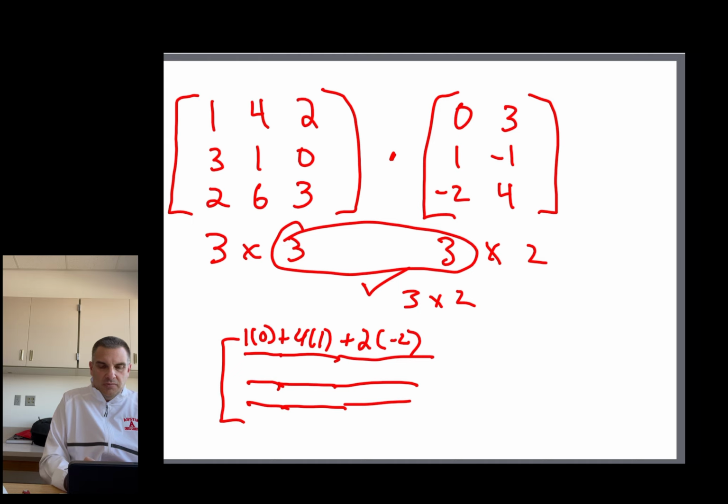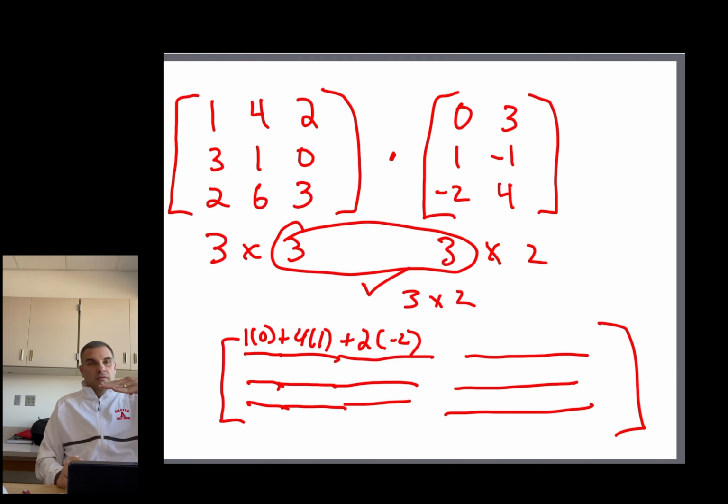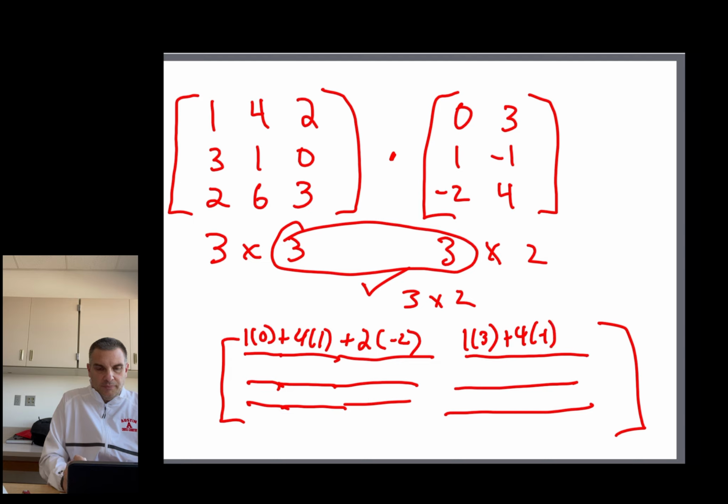First row, second column. 1 times 3 plus 4 times negative 1, plus 2 times 4. Okay, so I've got the first row done.